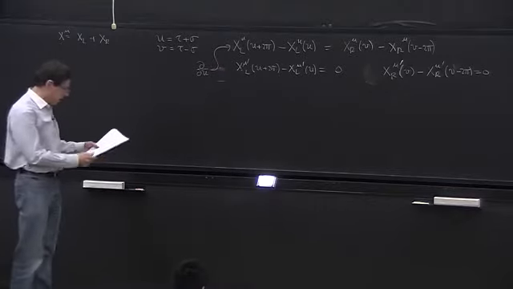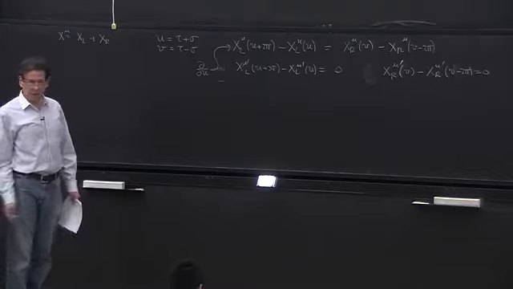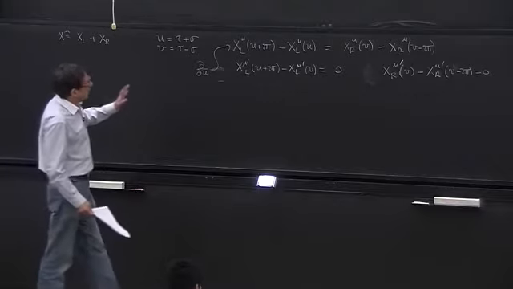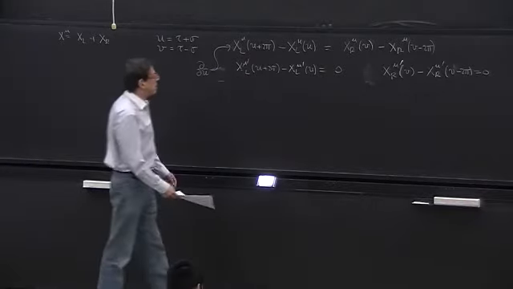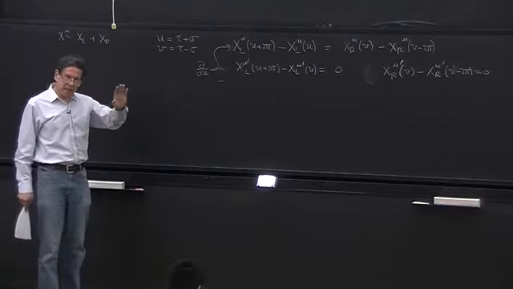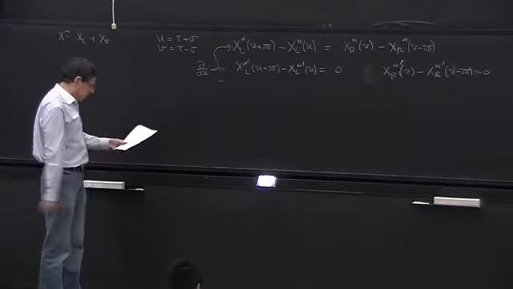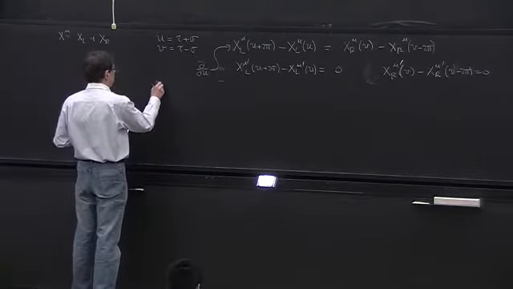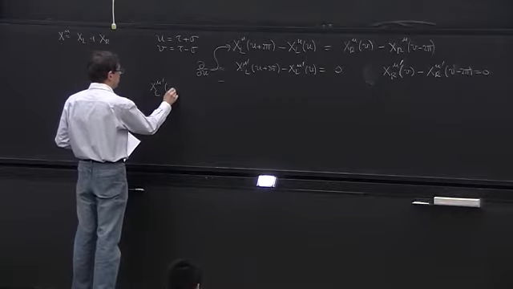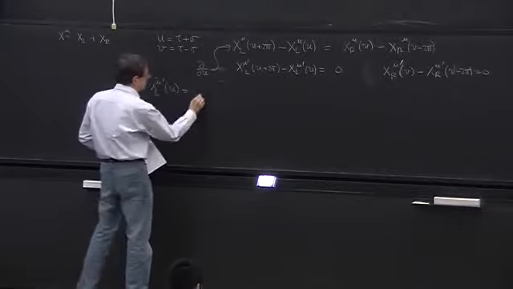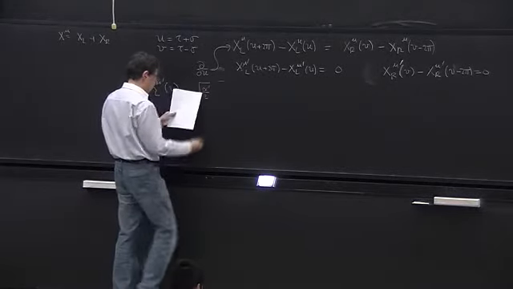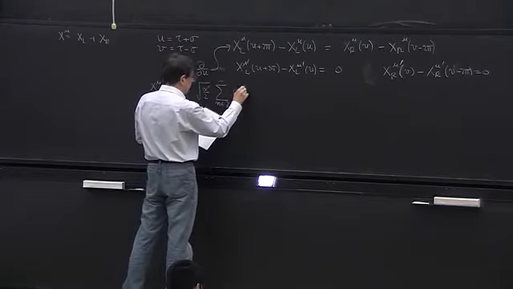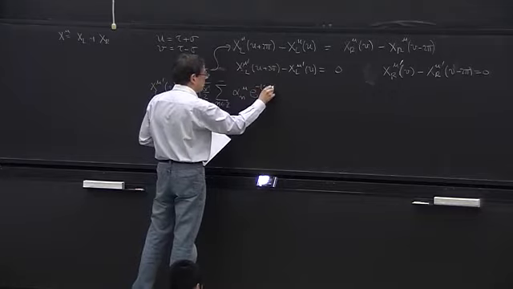That means we can write expressions for the x primes that are periodic, and we can invent the sum over oscillators. Now, we're already a little accustomed that this process of invention is done by writing something that eventually leads to nice constants. So let me write something that is quite reasonable. X left mu prime of u, we're going to write it as square root of alpha prime over 2, sum over all integers, alpha n mu e to the minus i n u.